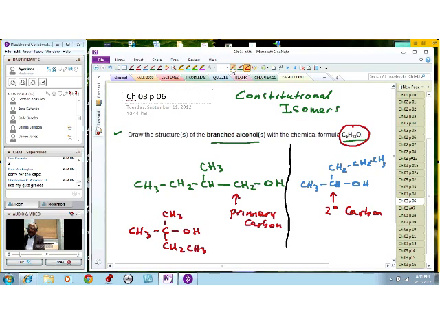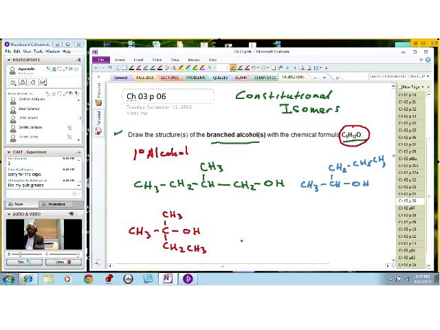So you see here, using the same molecular formula, now we have a primary alcohol, a tertiary alcohol, and finally we have a secondary alcohol.